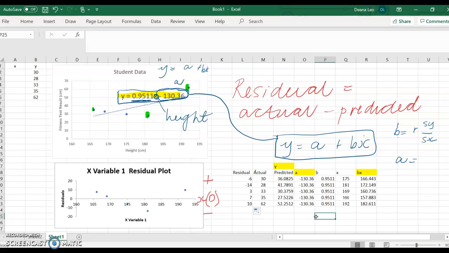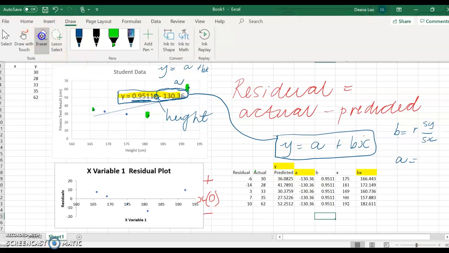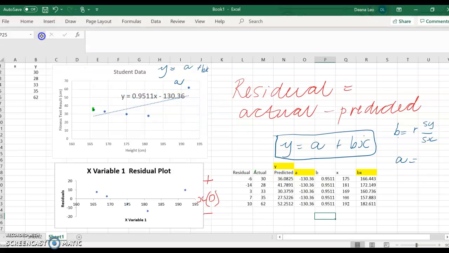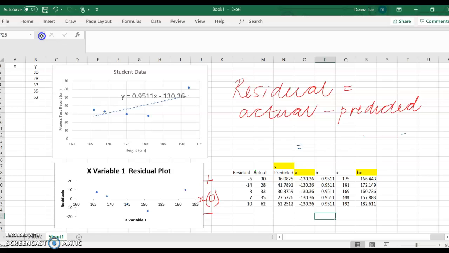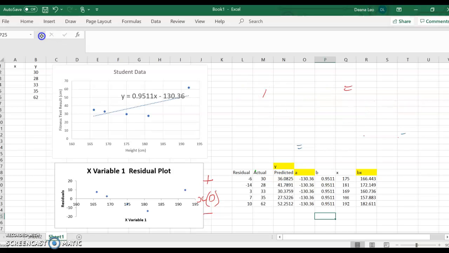So what that means is that let's find over here someone who got a jump of 30.